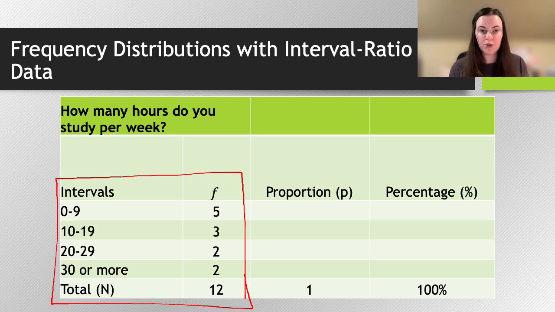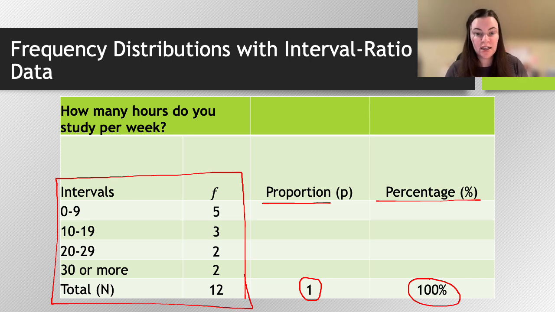And I want to give you the opportunity to practice calculating both the proportion and the percentage columns on your own. Keep in mind that when you're going through this, your proportion total should equal 1, and your percentage total should equal 100%. When you're going to go and calculate these, if you round them to the 100th spot, there may be a little bit of a rounding error in the end.